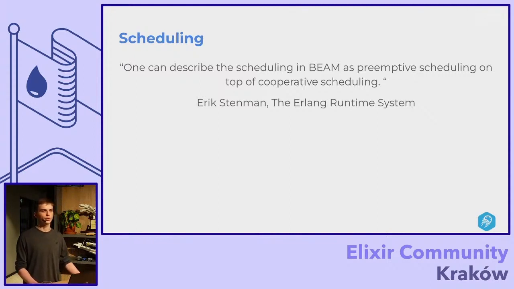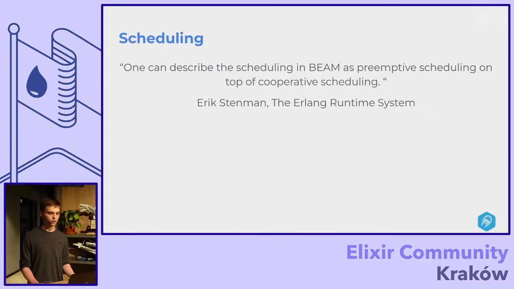So there is no cooperation from the process side in this mechanism. On the other hand, in cooperative scheduling, the scheduler is limited to selecting some process for the execution, but it's the process's responsibility to give control back to the scheduler. So you can imagine that if we had a malicious process that loops forever, it would make our scheduling mechanism misbehave.